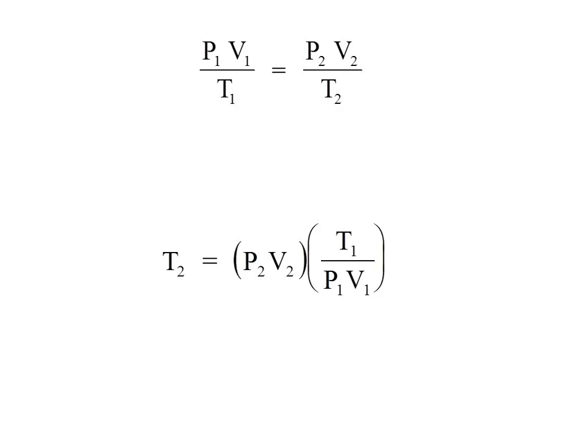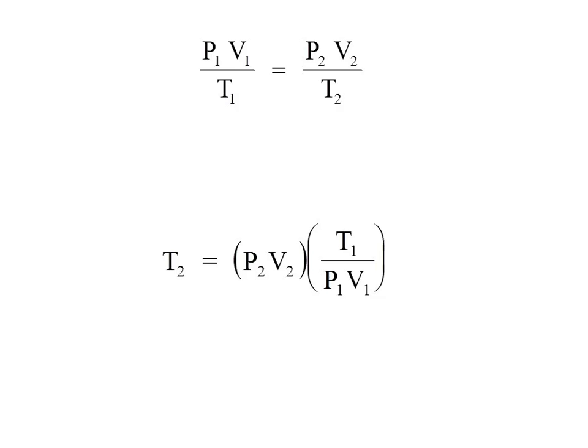So I took both sides times 1 over P1, V1. That left me T1 or P1, V1, and then P2, V2 along for the ride. Yours might look different. That's cool, it's the same though, I'm sure.